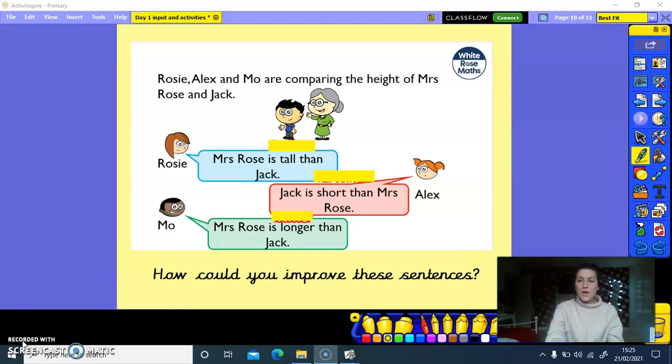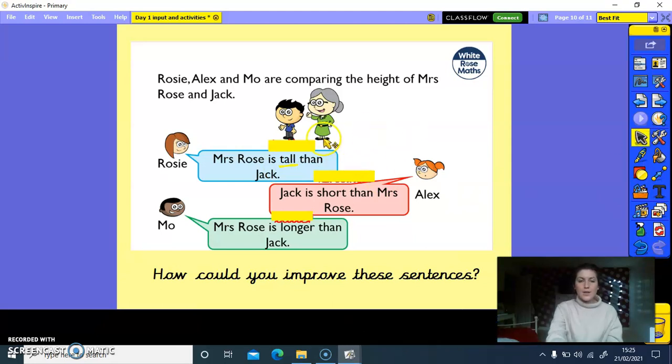Yes, so this first one, Mrs. Rose is taller than Jack. What do you think we should say instead? Fantastic, taller. Mrs. Rose is taller than Jack. What about this one here, Alex? Jack is short than Mrs. Rose. We would say shorter.